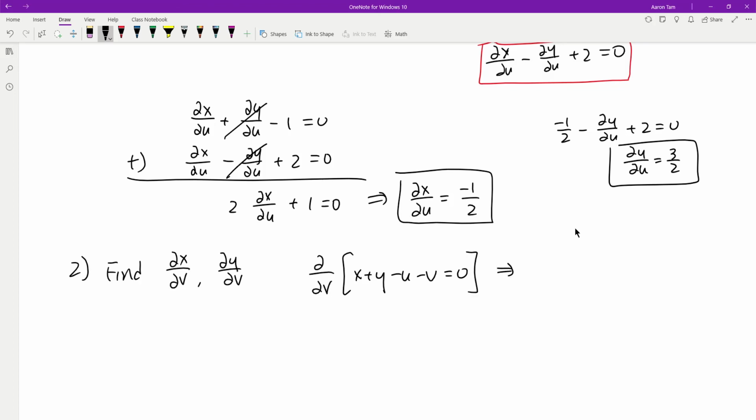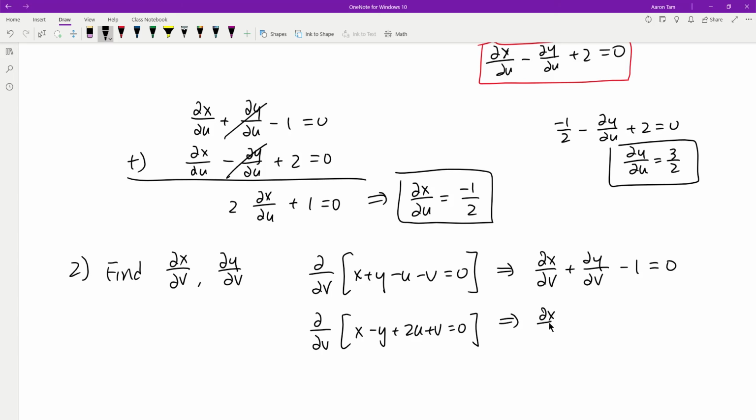And that results in this equation, dx over dv plus dy over dv minus 1 equals 0. I'm going to take the derivative of the second equation, x minus y plus 2u plus v equals 0. So that comes out to be dx over dv minus dy over dv plus 1 equals 0.